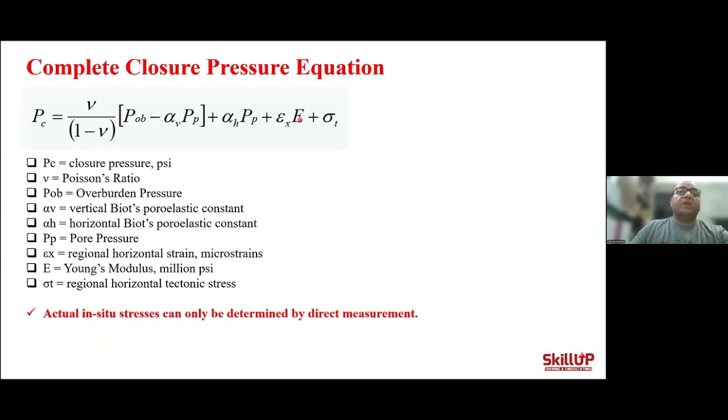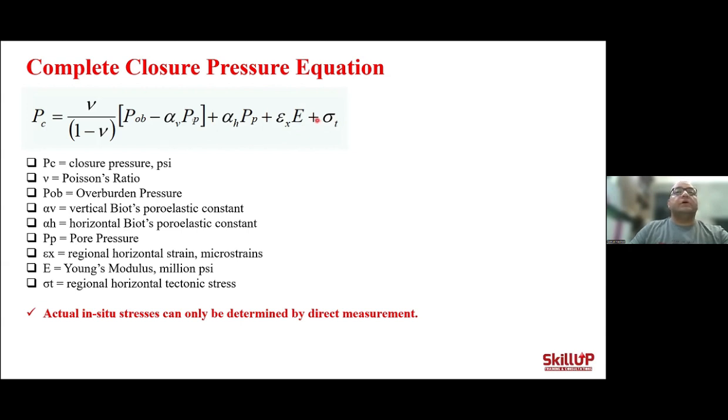Because we have here two terms, tectonic forces and strain. These two terms deal with the tectonic forces, and there is no test, no core test or anything you can do in the lab to measure these two terms. You have to go with actual measurement. You have to go with a DFIT or mini frac analysis.